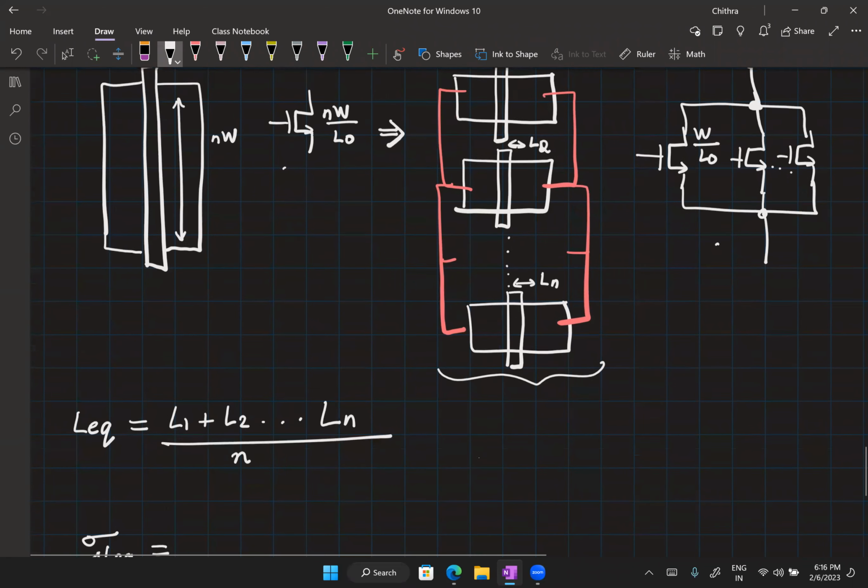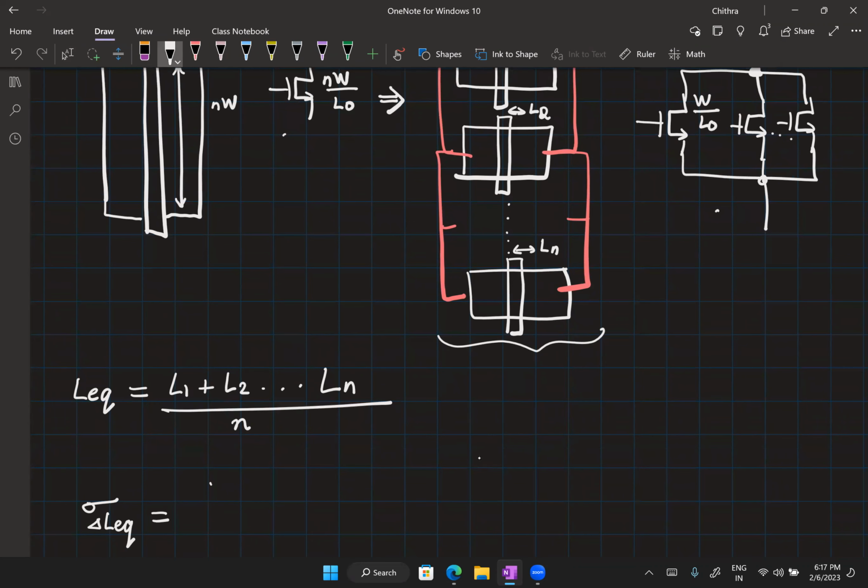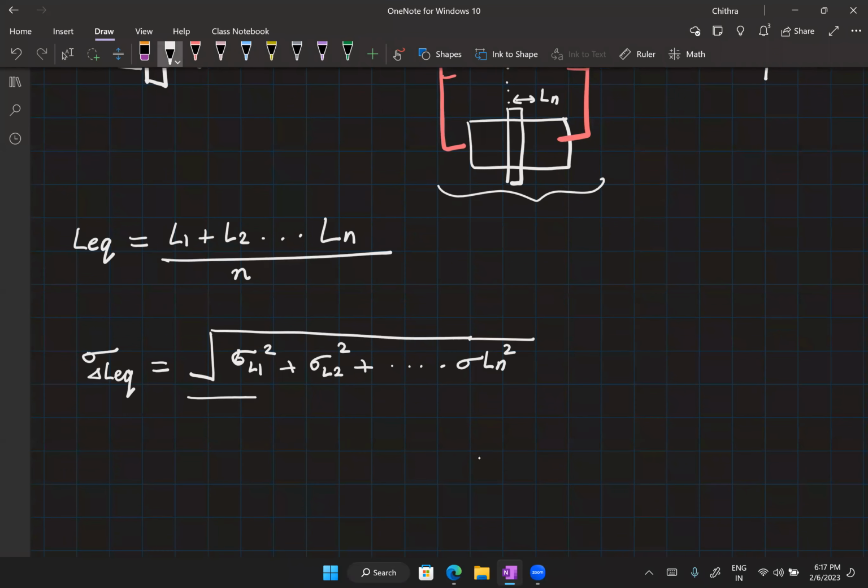So these are independent random variables, and I'm finding the average. So if I were to look at the standard deviation of this equivalent length, it will be the square root of sigma of L1 square plus sigma of L2 square plus etc. up to sigma of Ln square, divided by N. So this is equal to, now let me replace L1, L2, Ln etc. with L0.